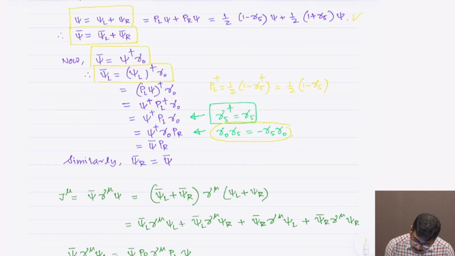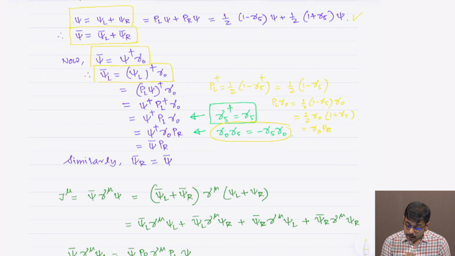PL gamma 0 will be written as half into 1 minus gamma 5 into gamma 0. Now, you can always write this to be half into gamma 0 into 1 plus gamma 5 using the anti-commutation relation, and you can simply say this is gamma 0 PR.